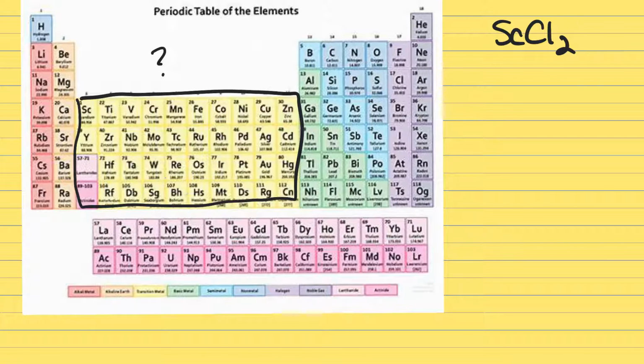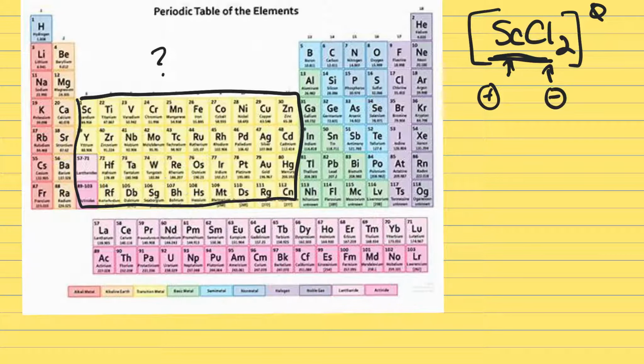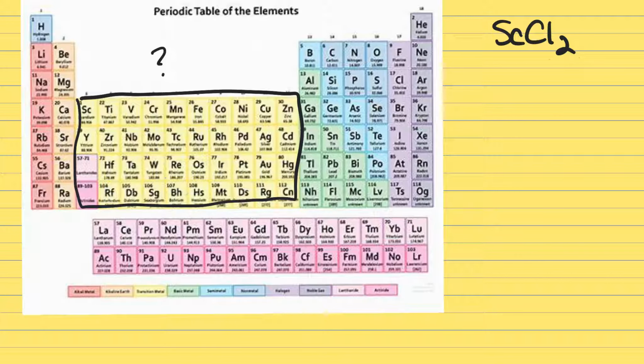Why is that the case? Well, all ionic compounds have an overall charge of 0. The metal typically has a positive charge and the nonmetal a negative charge, and these charges will always cancel out so that the overall compound is neutral. So if we know the charge of the nonmetal, then we can figure out the charge of the metal.